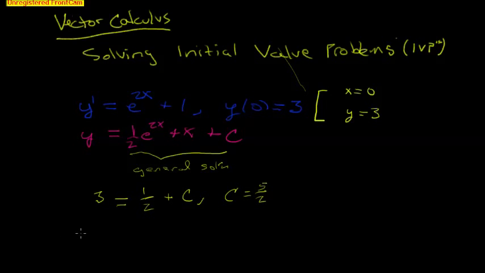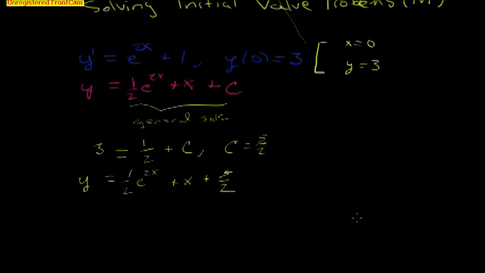This tells us the specific solution is 1/2 e to the 2x plus x plus c, which in this case is 5/2. And that's the solution we're looking for.